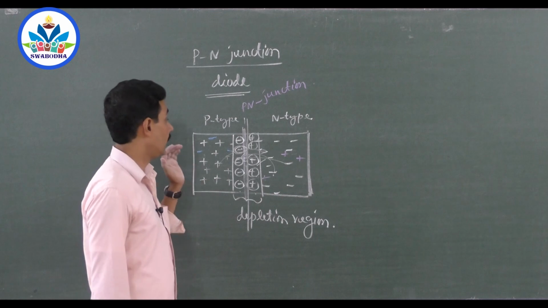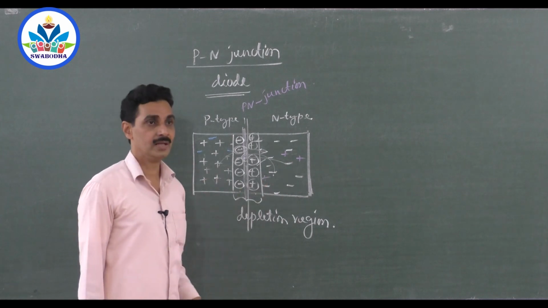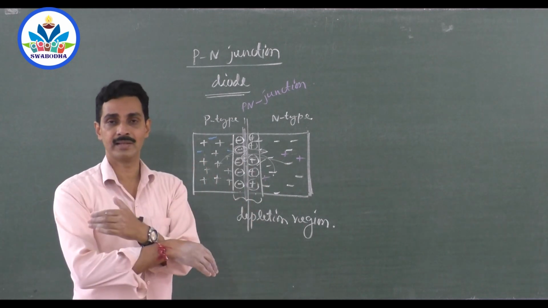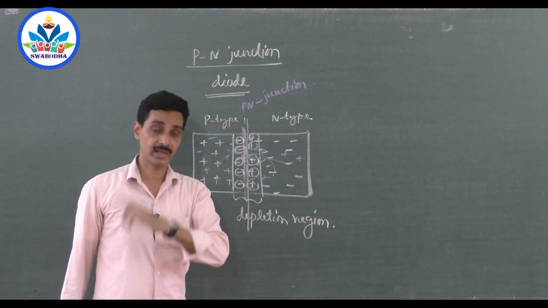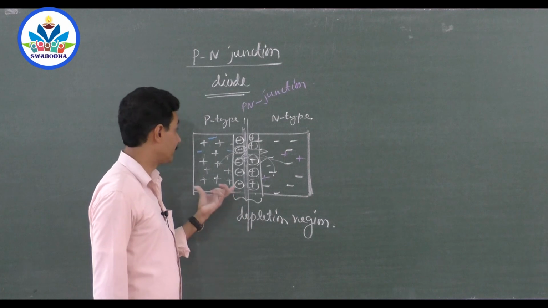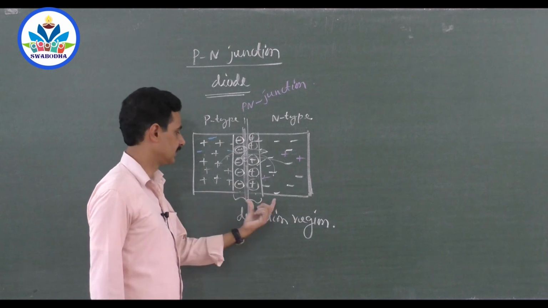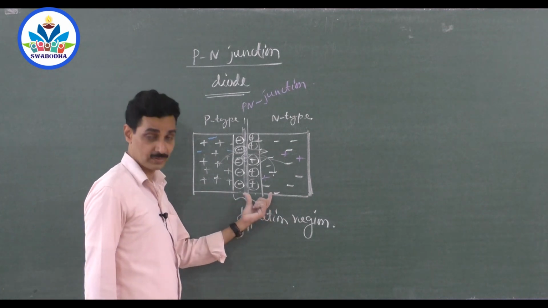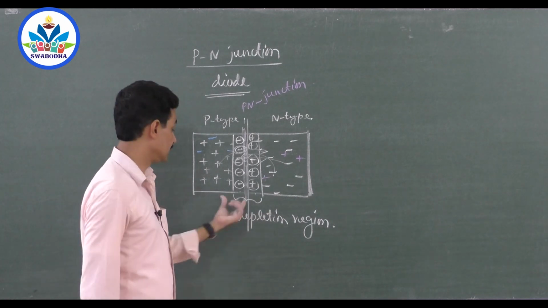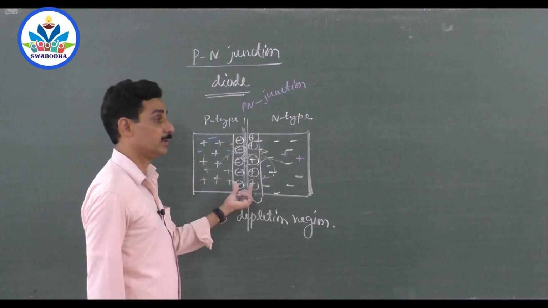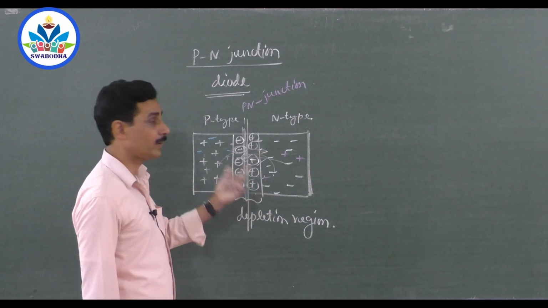So electrons and holes can't cross the junction, and diffusion of electrons and holes stops at a moment, because the p side gets negatively charged, the n side gets positively charged. As the electrons and holes migrate, at one stage this depletion region will be so strong that it will develop a potential.